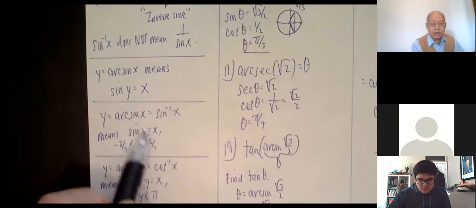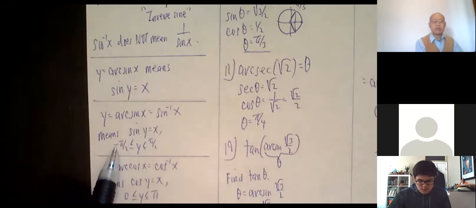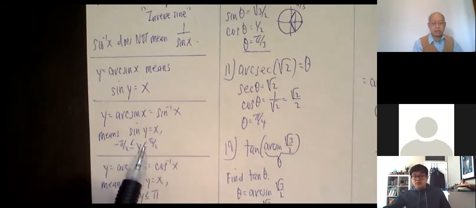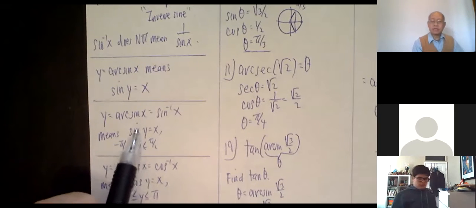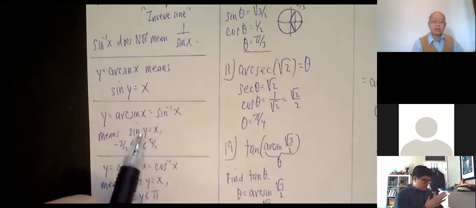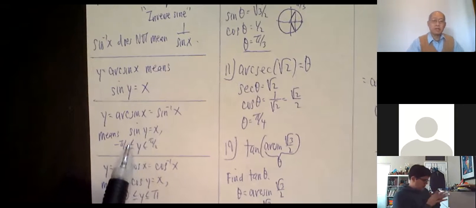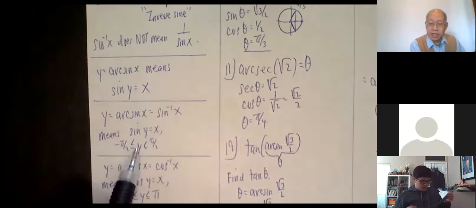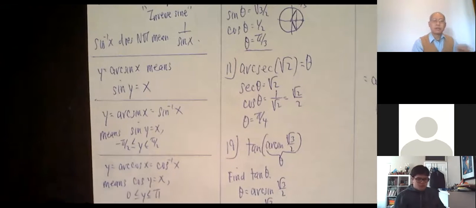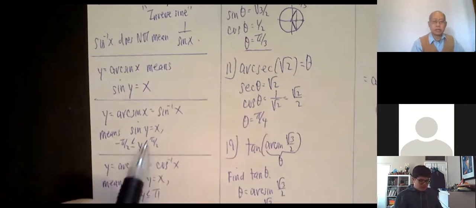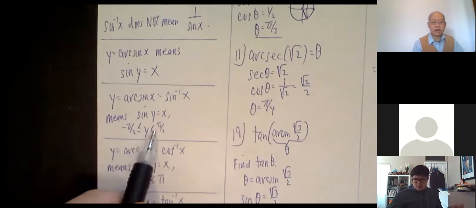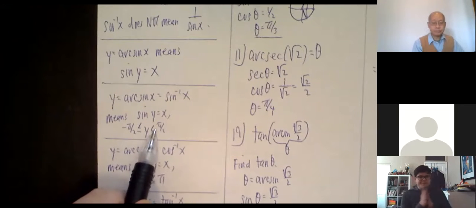So the angle in question is between -pi/2 and pi/2, or -90 degrees and 90 degrees, in order for it to be a function. Otherwise, this would not be a function. You could have infinitely many angles that make something true, but the only angle that you want, and you're only going to get one, is between negative pi over 2 and pi over 2. So you definitely might want to put this on your cheat sheet. For arc sine, the angle y is between negative pi over 2 and pi over 2.